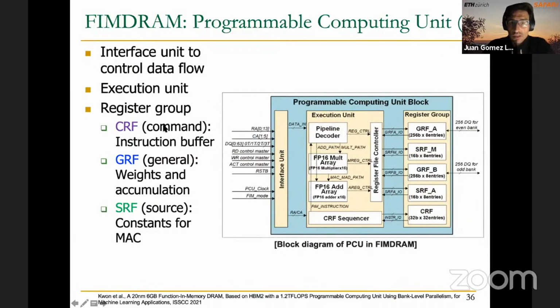We have this CRF, as I said, contains the instructions from the PIM program, the program that executes on the PIM unit. One interesting observation here is that the instructions are 32 bits in size, and there are 32 entries in this CRF.